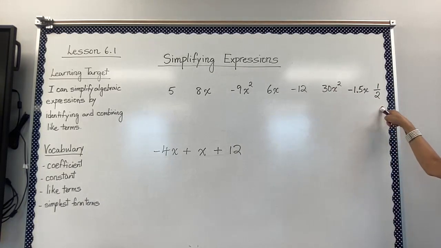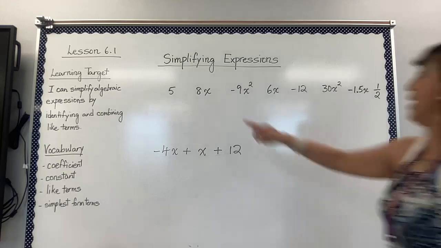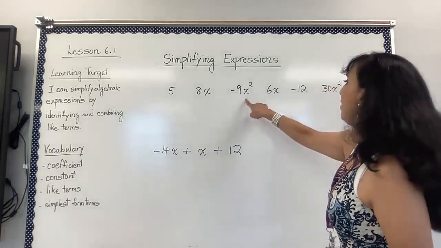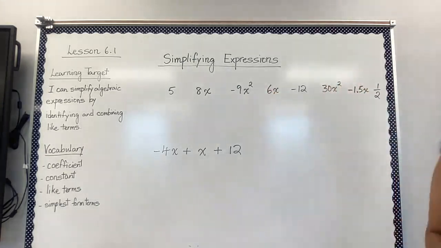These are the same kind of terms, so they are called like terms, because like terms can be added or subtracted. If I say 8x and negative 9x squared, these are not like terms because the exponents are different.